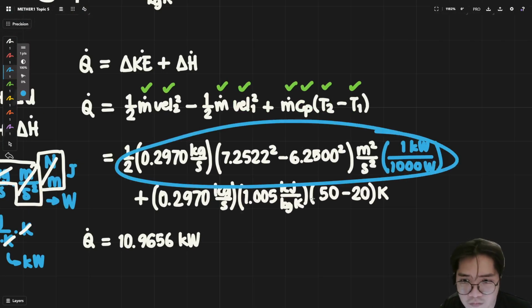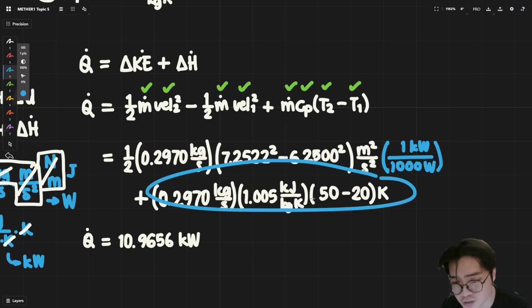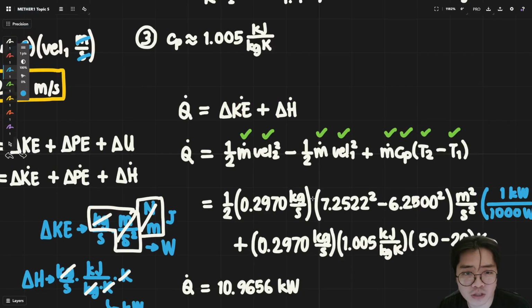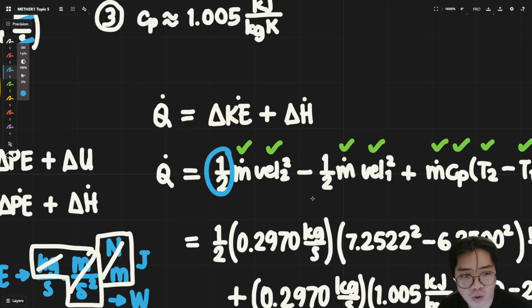You needed to divide by 1000 for the KE, and for the PE you will have to do that as well. But for the delta H or the delta U, you don't have to. That is the scale at which you will find these two. So what textbooks will usually do is, instead of saying this is 1/2 m dot vel squared, they will immediately say 1/2000, just to train the students reading the textbook that this will give you units of kilowatt.